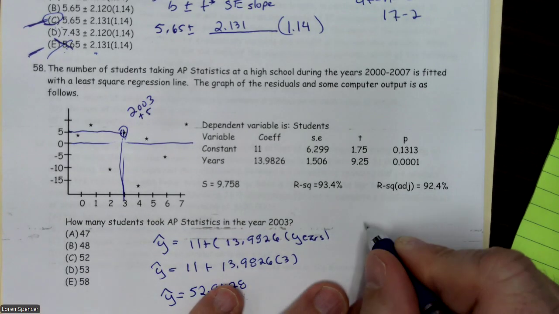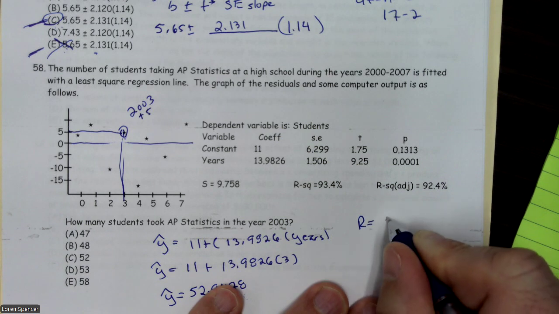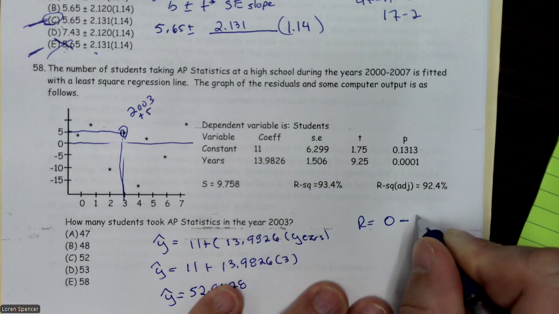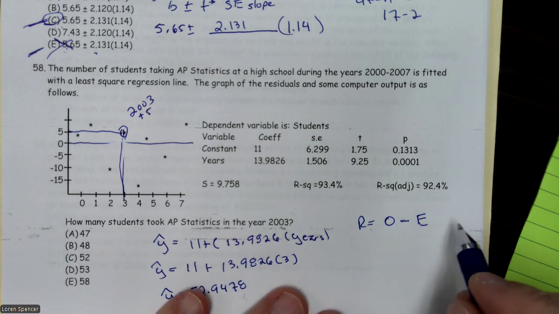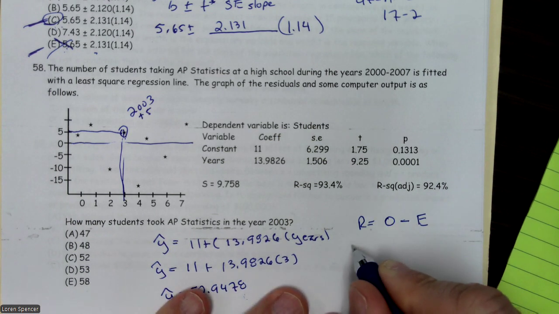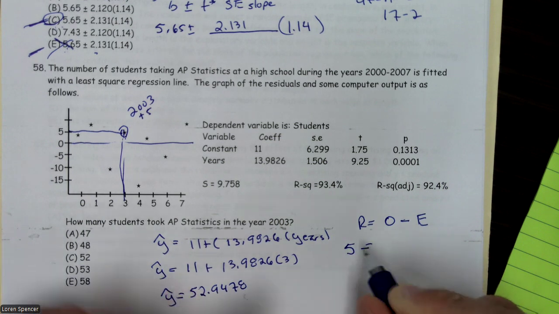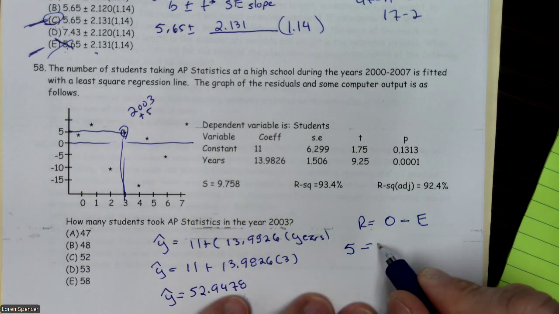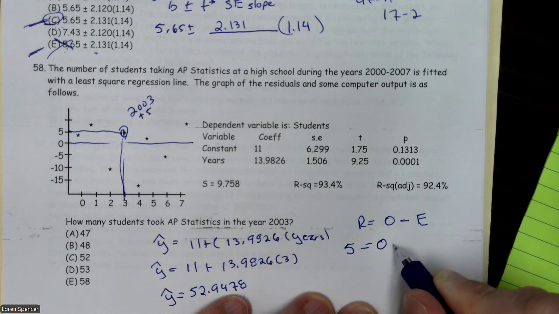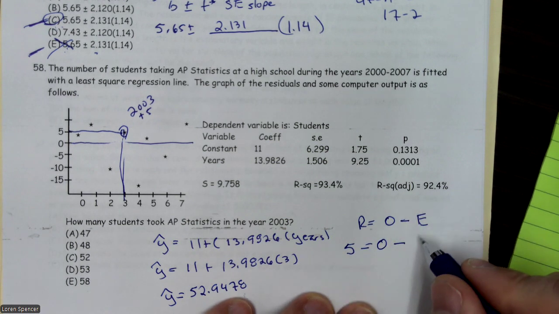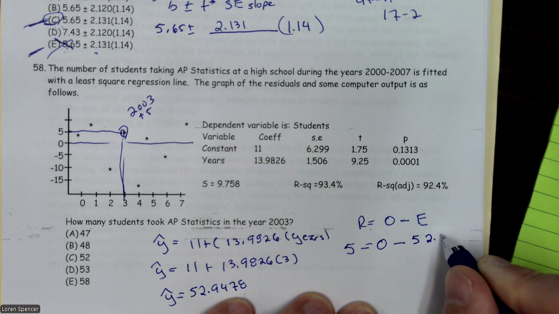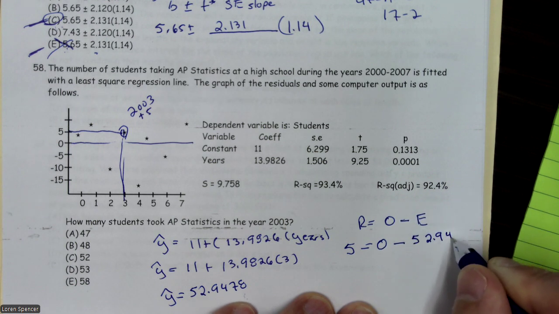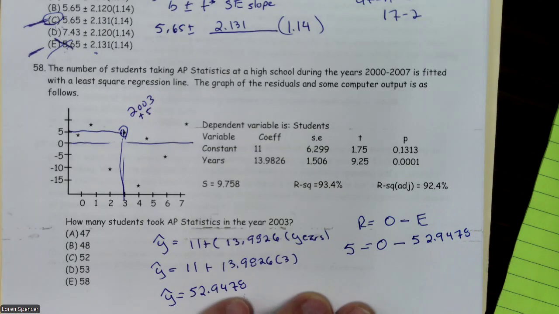So remember, a residual equals the observed minus the expected, or the actual minus the predicted. Well, we know our residual is 5 because we calculated that up here. We don't know what our observed is, but we know that our expected was 52.9478.